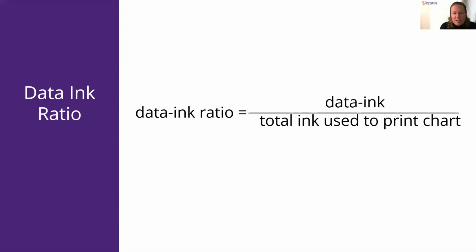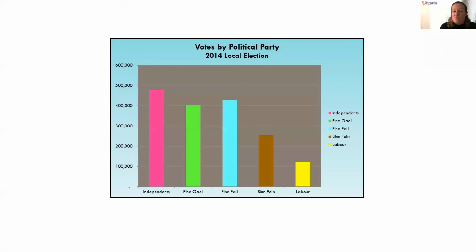And just to show this in concept, here's a really obvious example. Here's a beautiful chart that I've created. I have to say, it pains me that software allows you to do this, but it does. It allowed me to create this horrendous chart. It's a bar chart, a visualization of votes in a local election. What we're going to do is remove ink from the chart until we're just left with the information.